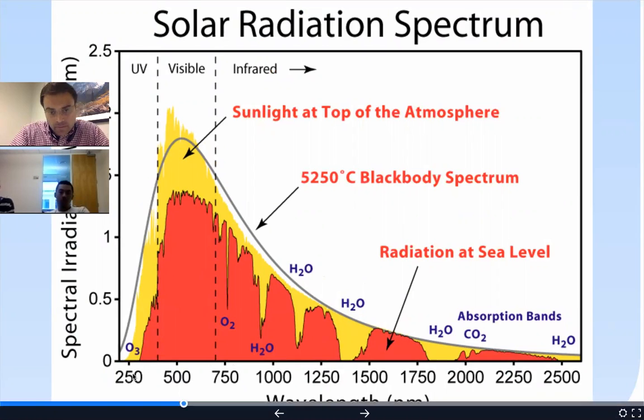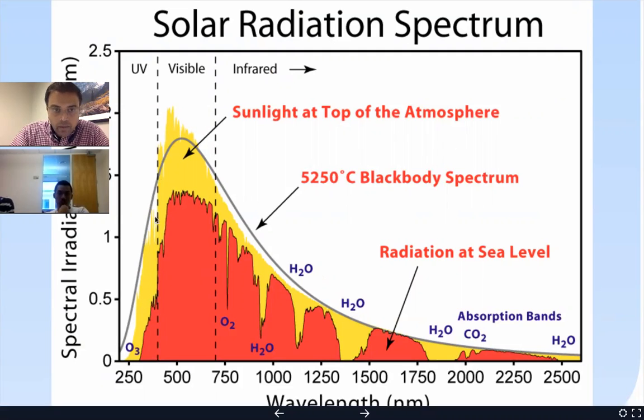You will notice the wavelengths in nanometers going from the UV, which is a few hundred nanometers, all the way into the visible, then the near infrared over 1,000 nanometers, and the mid infrared. Okay, so the gray curve here is the blackbody spectrum at about 5,800 degrees, so close to 6,000. In fact, the 6,000 will be slightly higher.